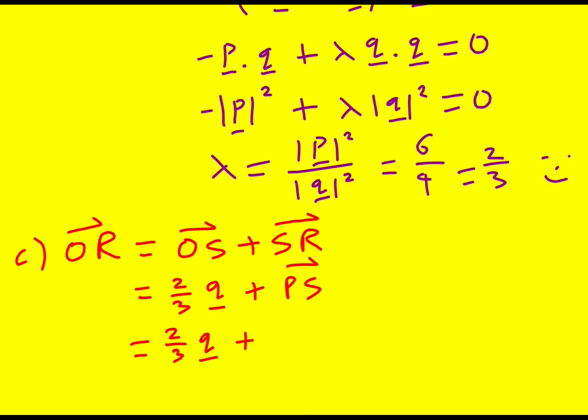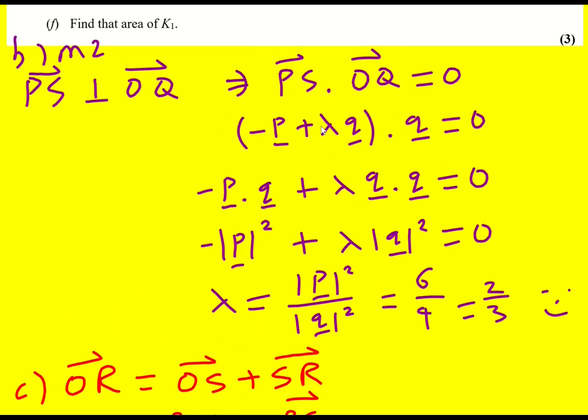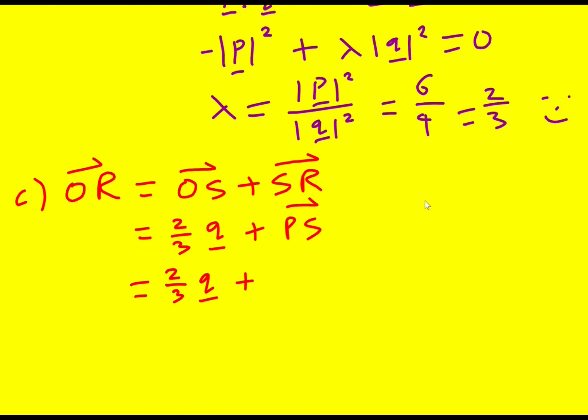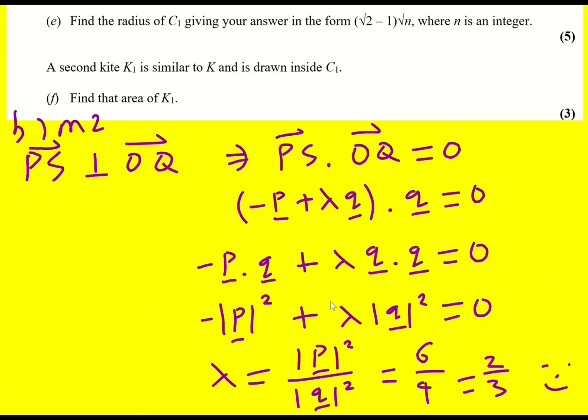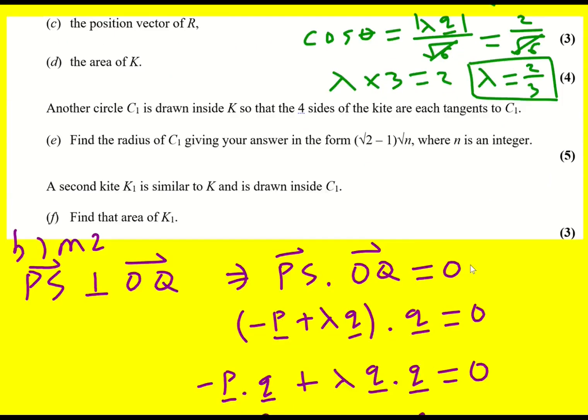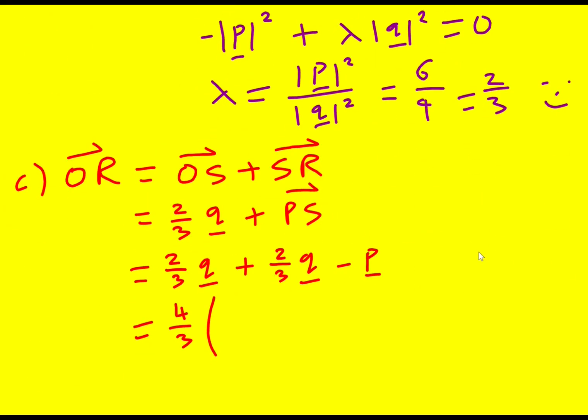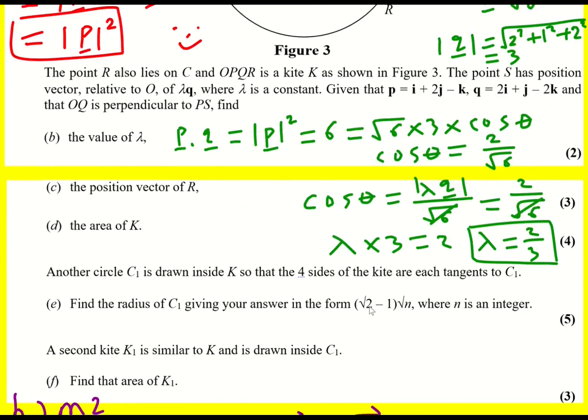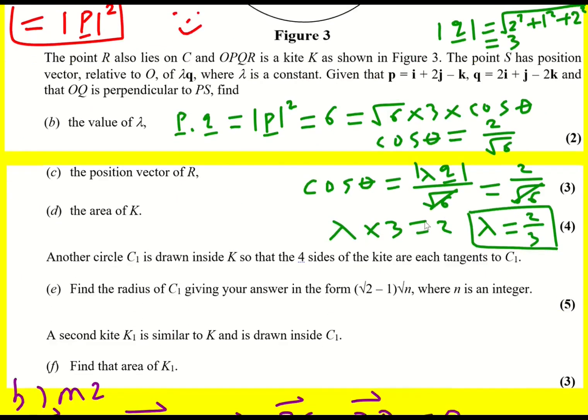And then remember, we were just talking about PS. It was minus P plus lambda Q. So it's going to be another lambda Q, and then I'll put the minus P here, which gives me 4/3 times Q. And Q, if we look up here, is 2, 1, minus 2. Minus P, which is 1, 2, minus 1.